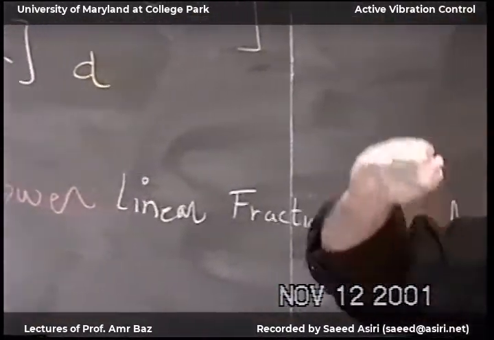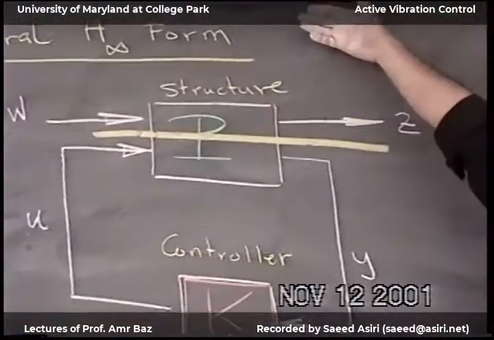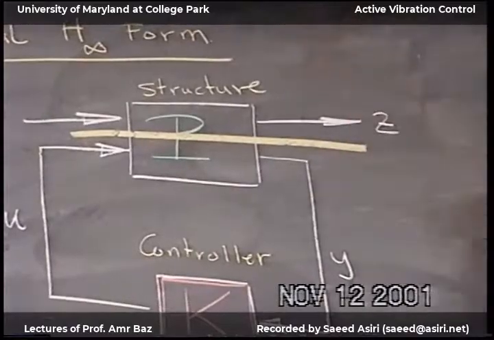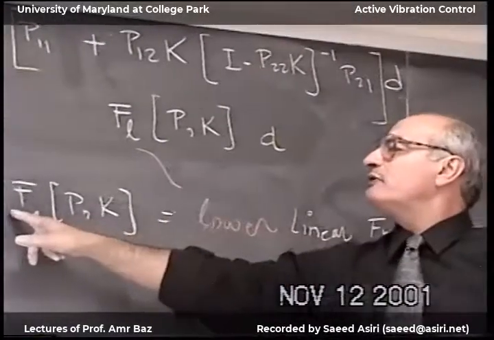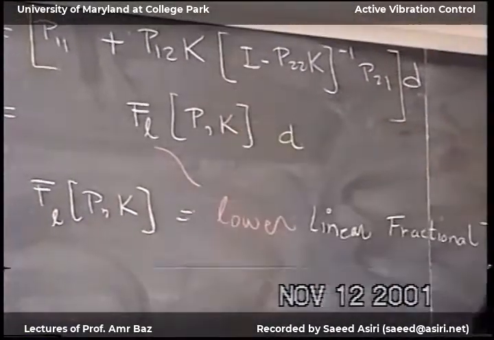Why? Because I'm looking at the lower part of P. I have another part on top because of the uncertainty, with a similar transformation called FU, for the uncertainty of the structure.